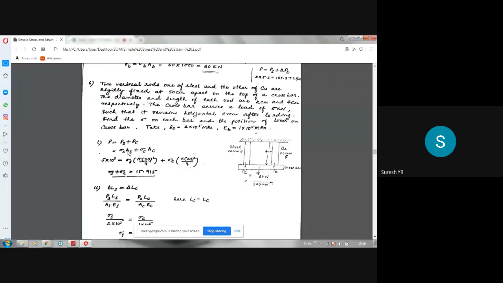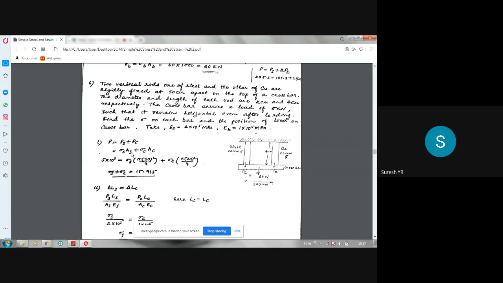Now as per the equilibrium condition, the first condition is P is equal to PS plus PC. Whatever P is there, 5 kilonewton is the load, the total force acting on this. So 5 into 10 cube is equal to PS plus PC, that means sigma S into AS plus sigma C into AC.